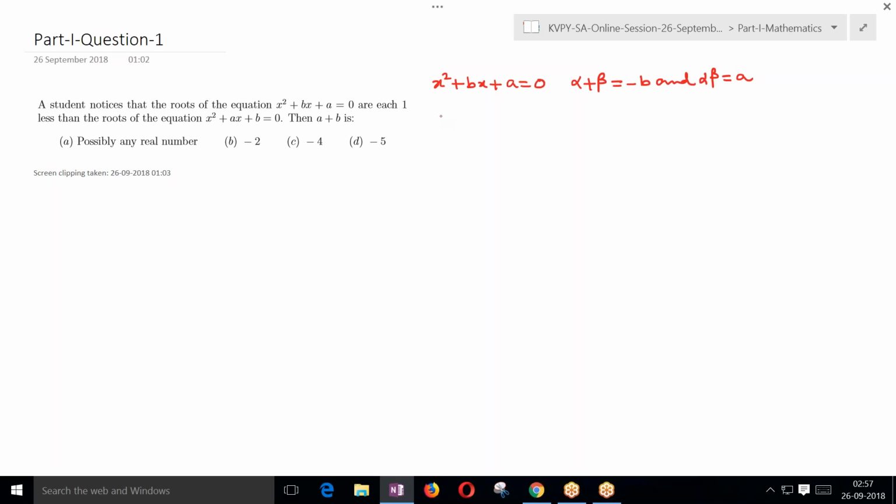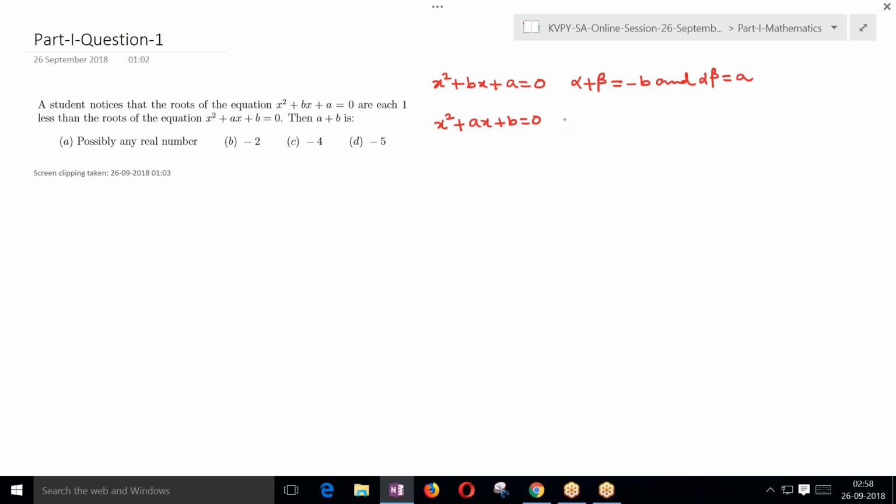Now the second equation, x square plus ax plus b equal to 0, will have roots alpha plus 1 and beta plus 1 based on the condition, right?